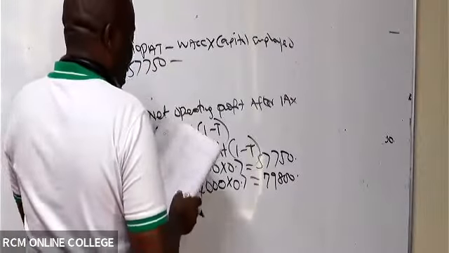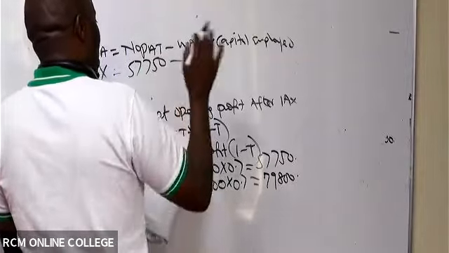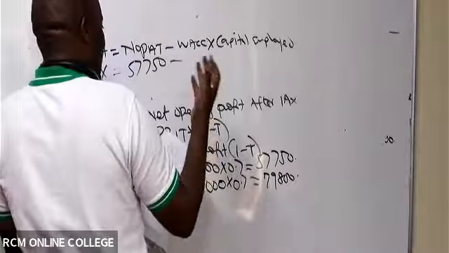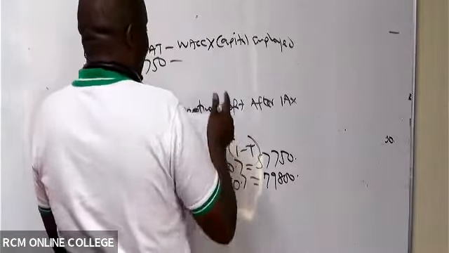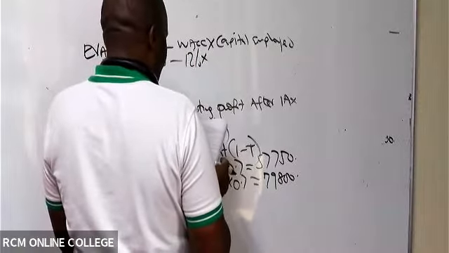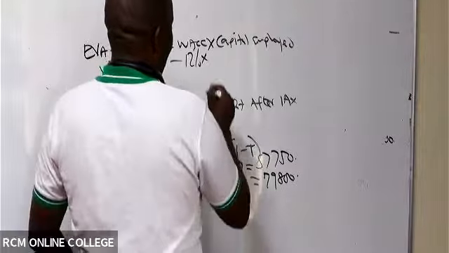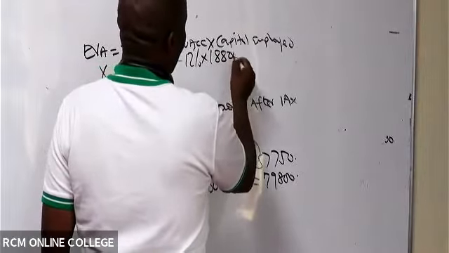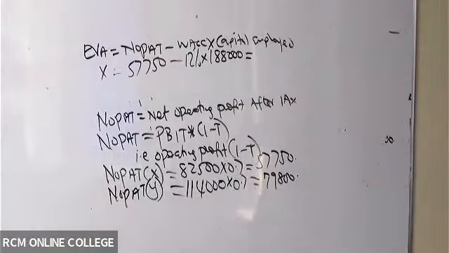We don't have WACC here, but I wish they were to give us cost of equity and cost of debt, and then tell us to compute WACC. In this case, we simply use the cost of capital given, 12% multiplied by the capital employed of 188,000.